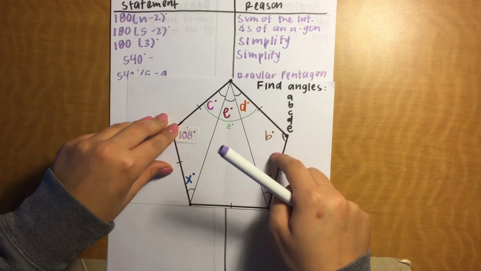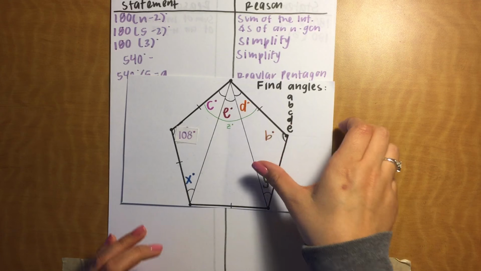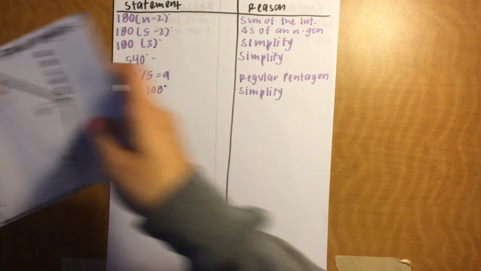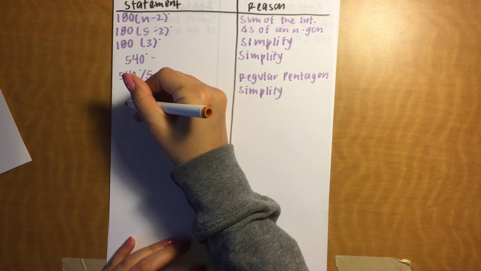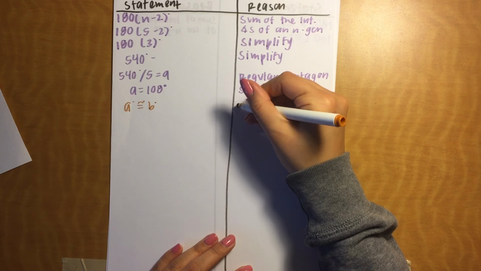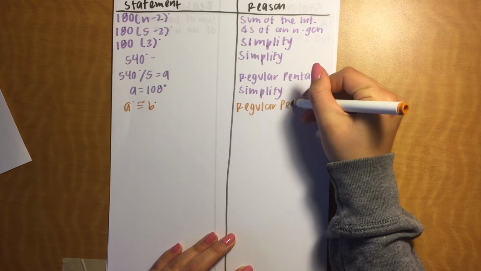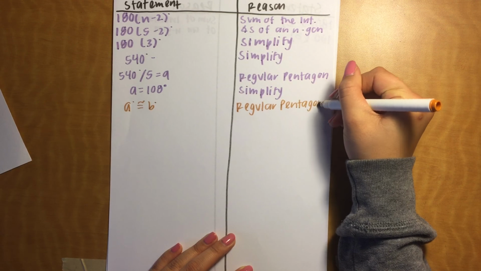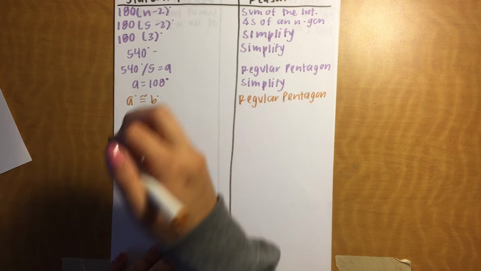Now we have to find out B. And we know B is just going to be the same thing as A because they're all going to be equal measures. So we can say that angle A is congruent to angle B because it's a regular pentagon. And so we can just do transitive after that.